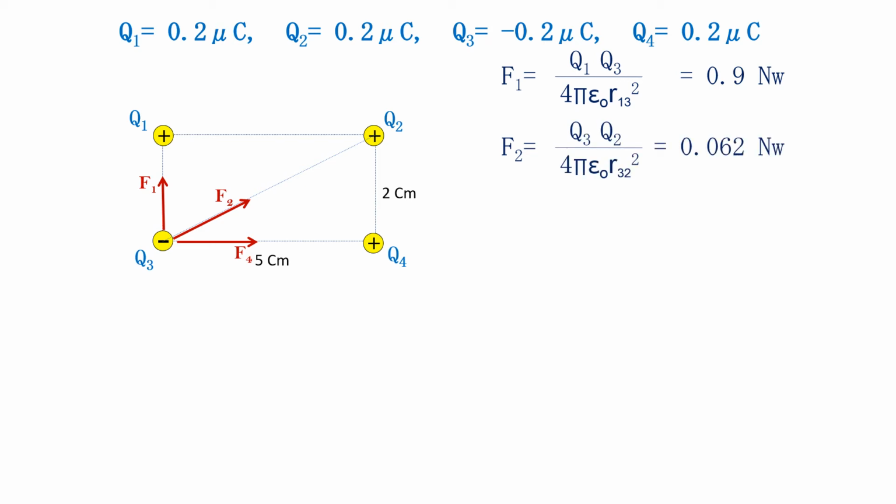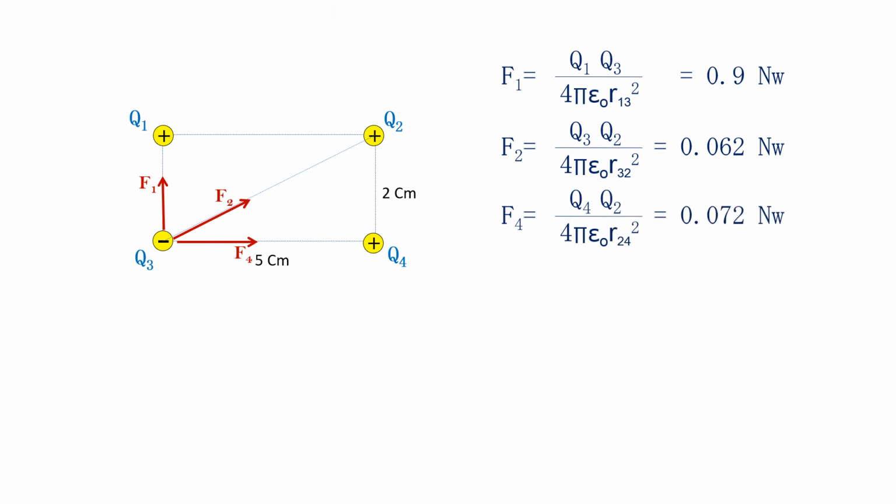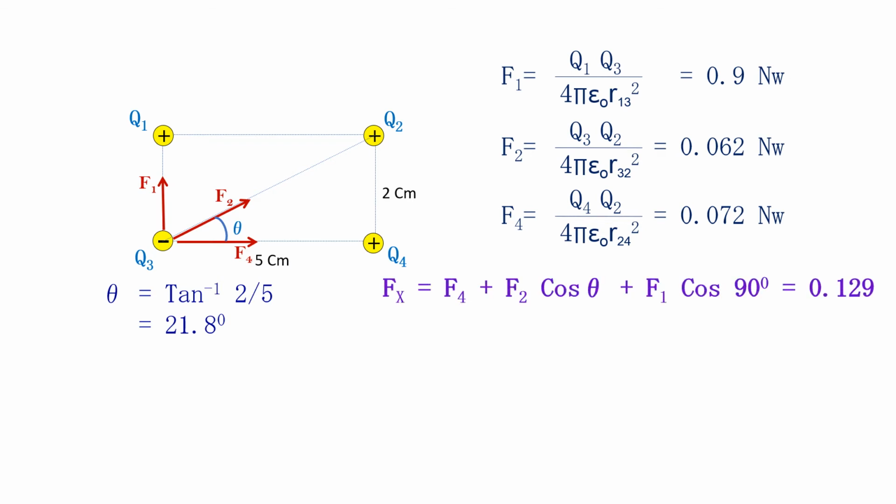F2, you will get 0.062 newtons. F4, 0.072 newtons. If you call this angle theta, that theta is tan inverse 2 divided by 5. It will come as 21.8 degrees.